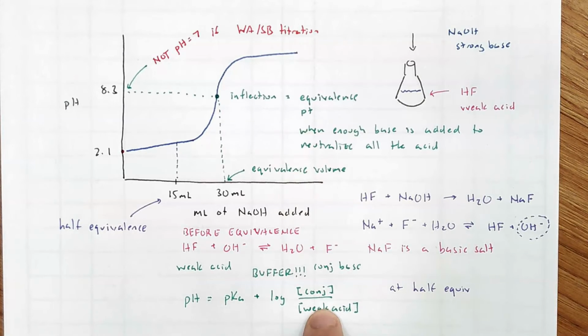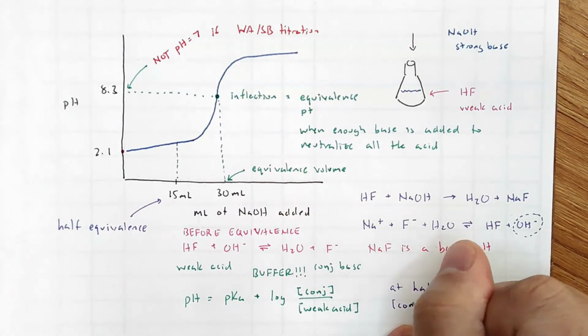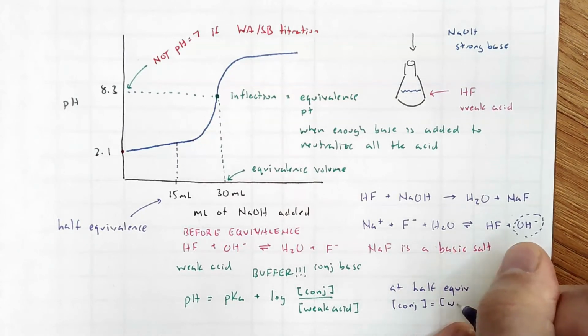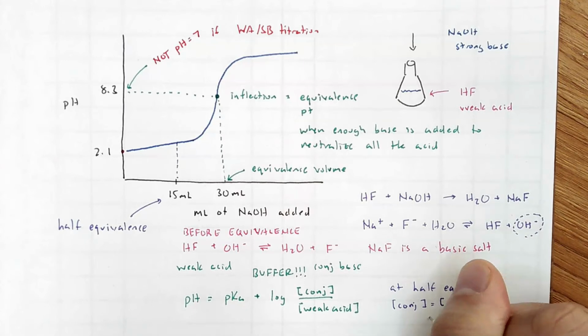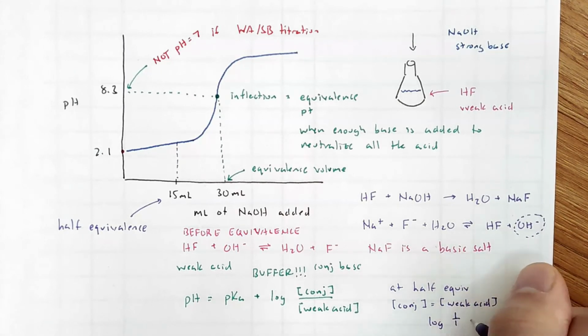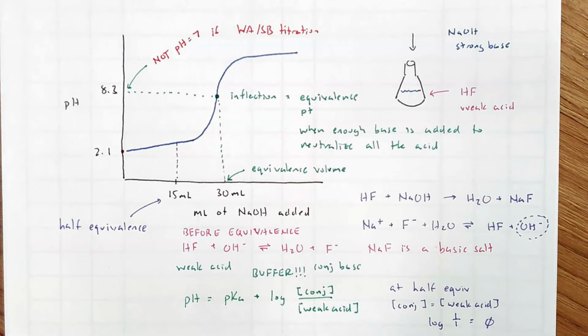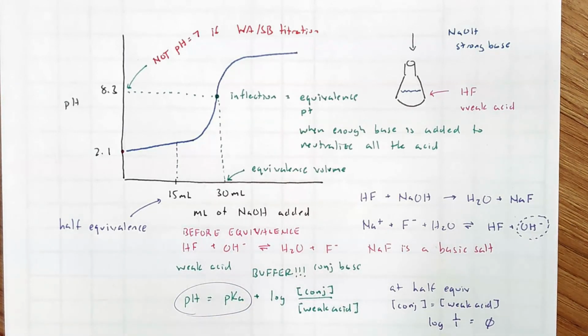These two are identical. At the half equivalence, the conjugate base concentration equals the acid concentration. What's log of 1 over 1? Log of 1 over 1 is 0. So at the half equivalence, pH equals pKa.